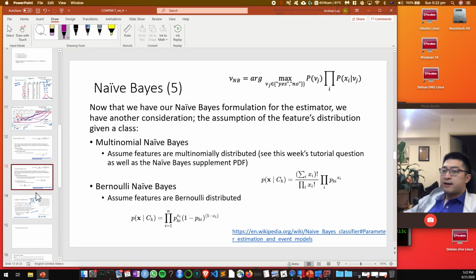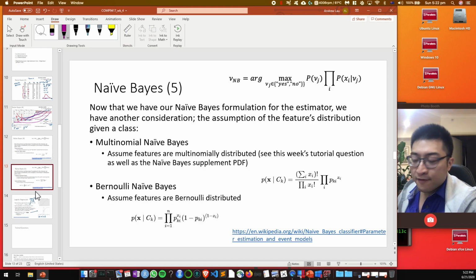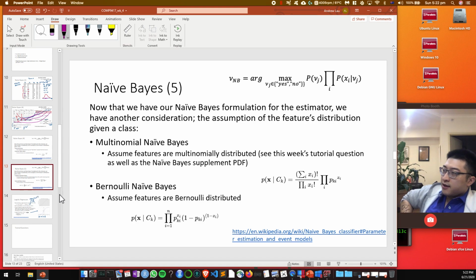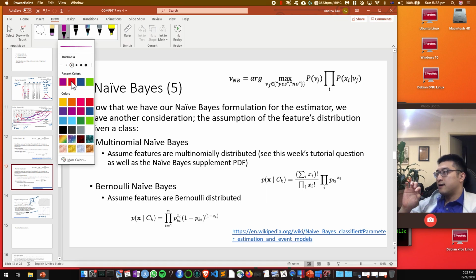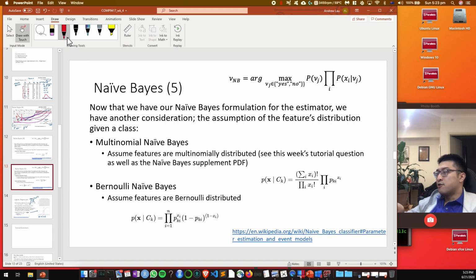Cool. Now another extension of our naive Bayes is what's called multinomial or Bernoulli naive Bayes. It is still naive Bayes because you assume independence between all the features. What distinguishes multinomial and Bernoulli naive Bayes is that you make an assumption as to the distribution of x.